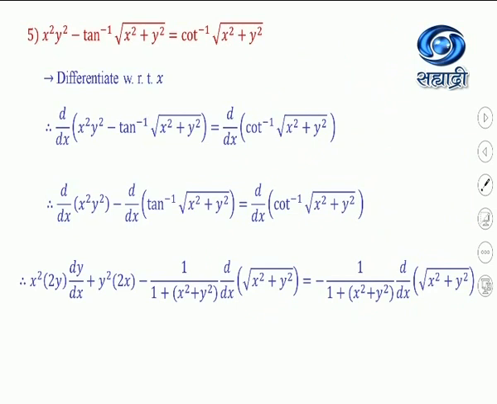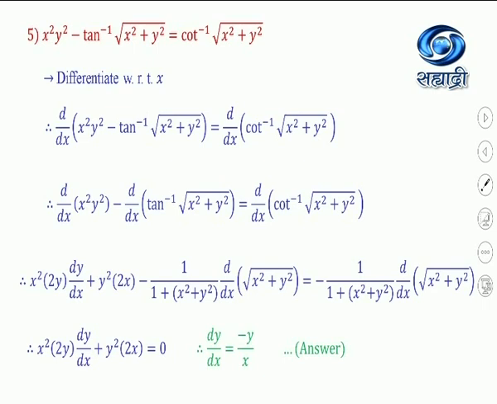And now we are going to see our next step as x square into 2y into dy by dx. Here 2xy square, that is y square into 2x. Now what happened? This term is same as this term. This is on LHS, this is on RHS. Both are same, so we cancel out both the terms, and so we write here 0.